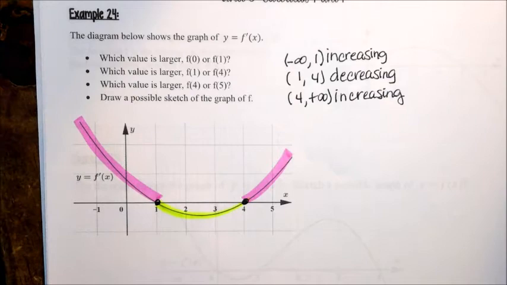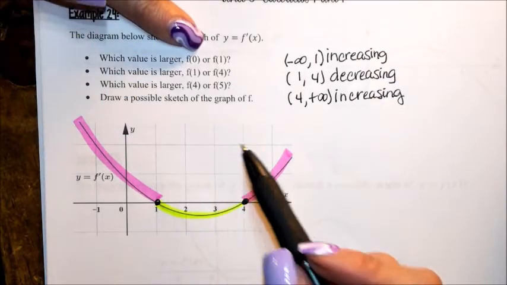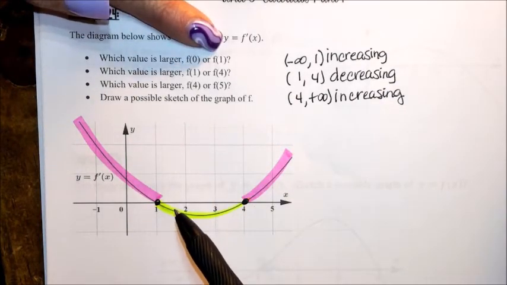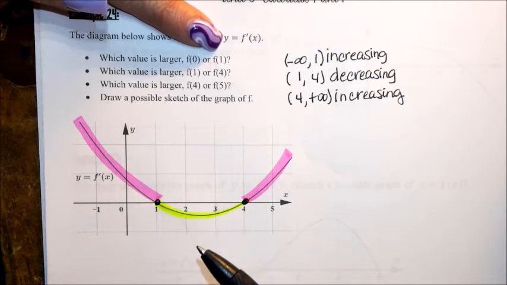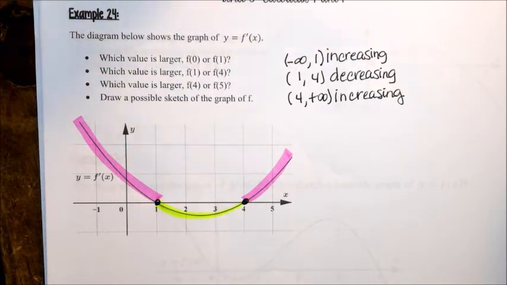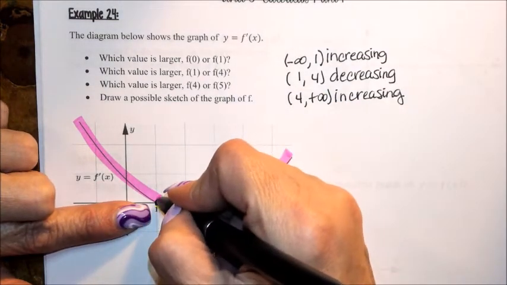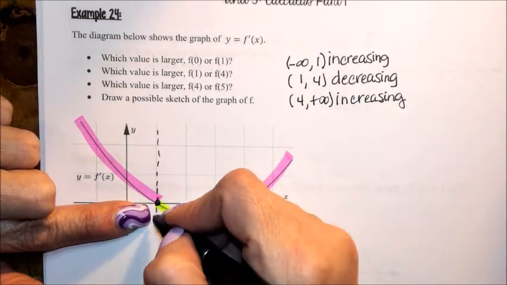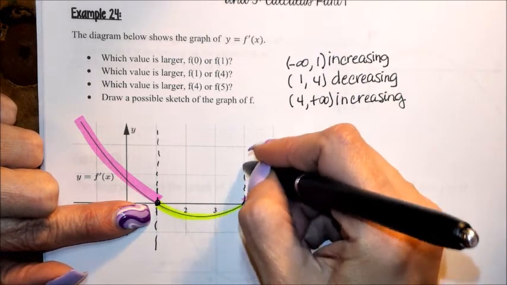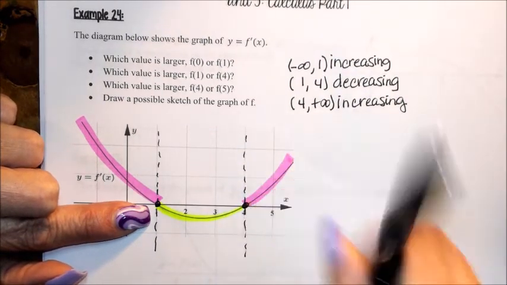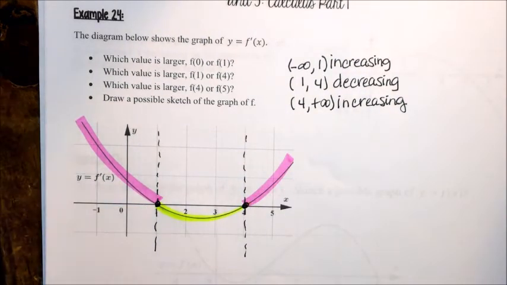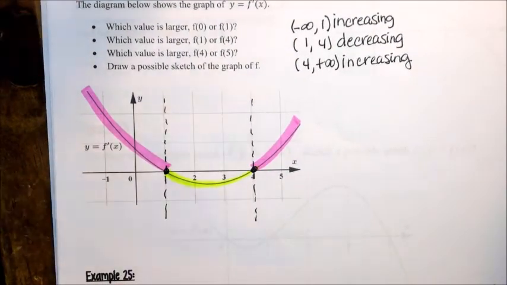Okay, so now let's look at this. Which is bigger, f of 0 or f of 1? And you have to kind of think of it. And maybe we should graph it first. I know turning points are here. I'm just going to graph it right here on this. Turning points are at 1 and 4. And again, it should hold true, so we should be able to do it.